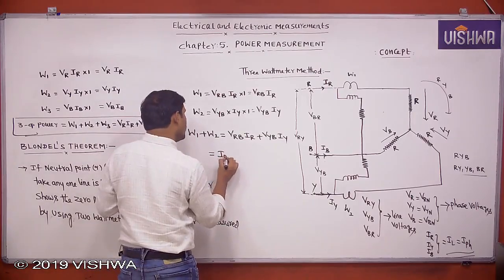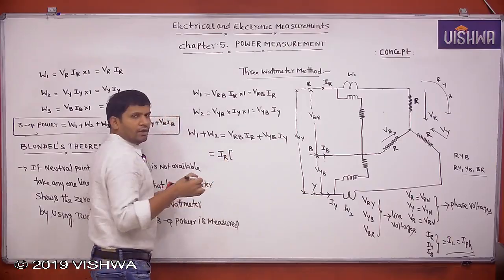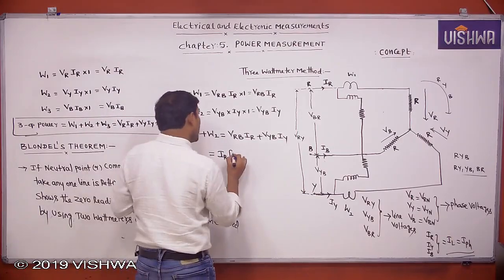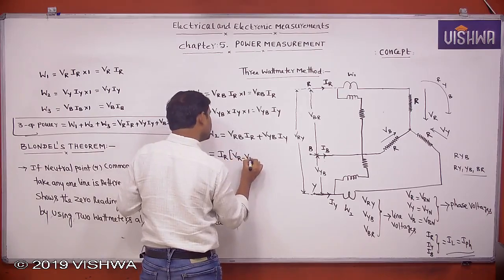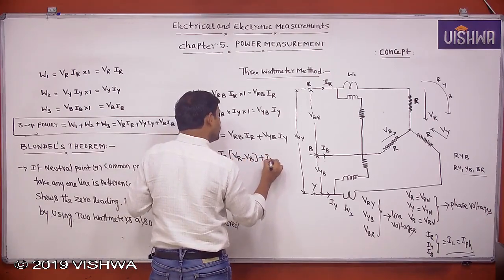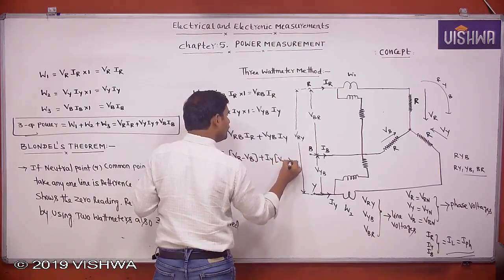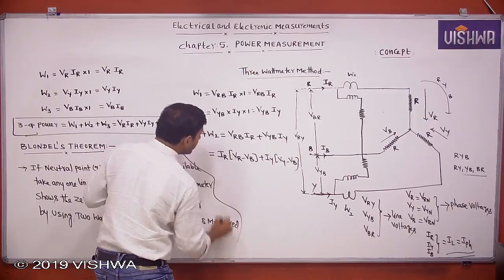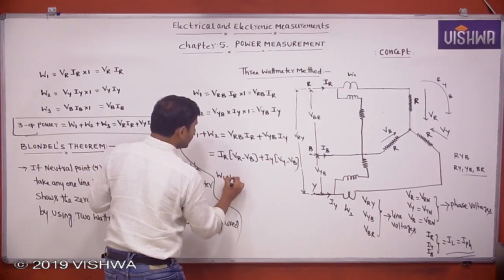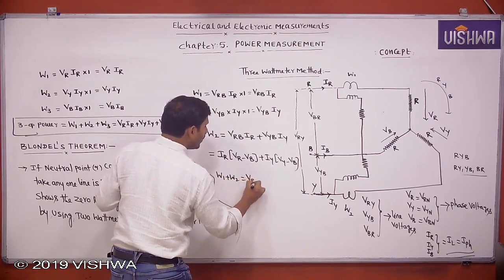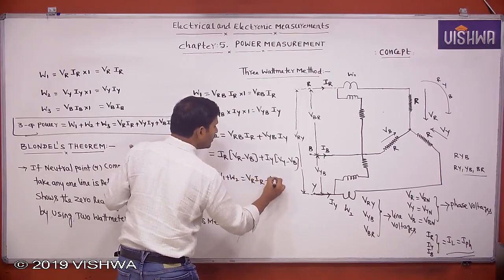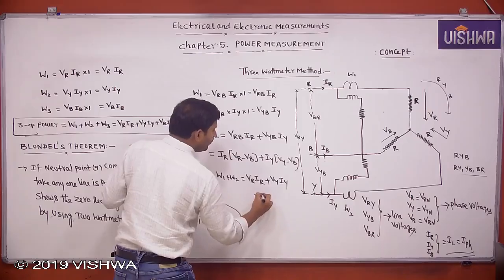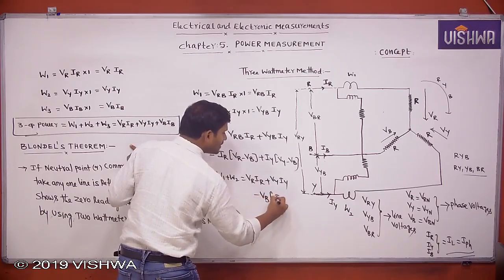As per vector notation, VRB is written as VR minus VB, and VYB as VY minus VB. Therefore W1 plus W2 equals VR into IR plus VY into IY minus VB, taking VB common, into IR plus IY.